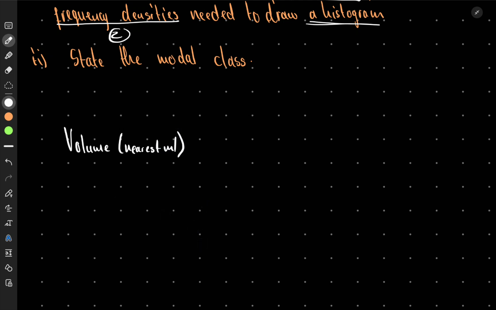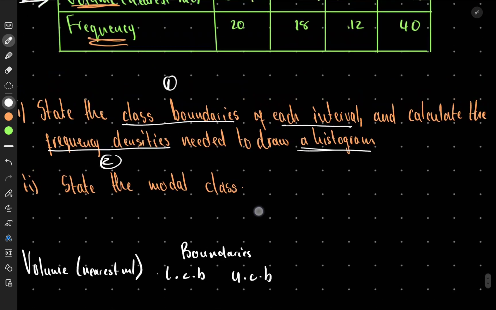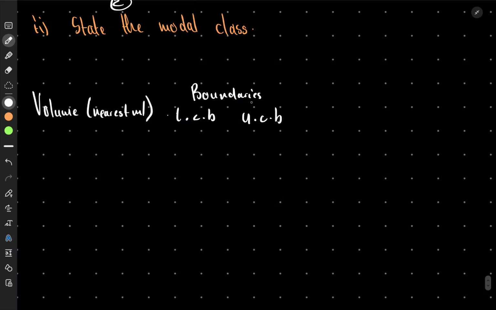The next one is going to be boundaries. We now need to know the lower class boundary, LCB, and the upper class boundary, UCB. We'll box it later. Then, when we know the boundaries, we can get the interval width.